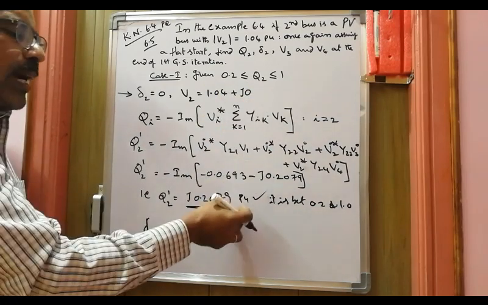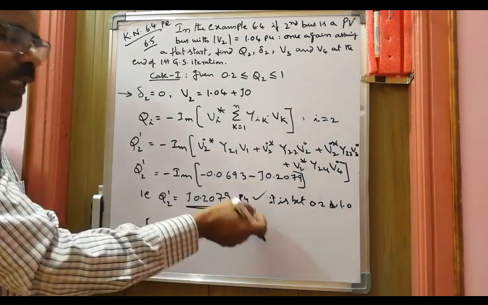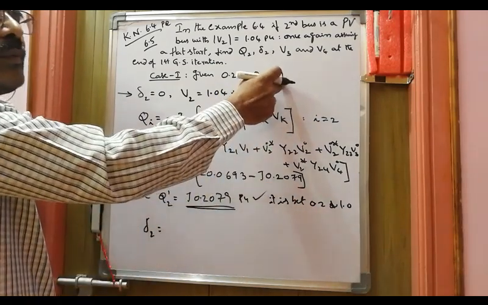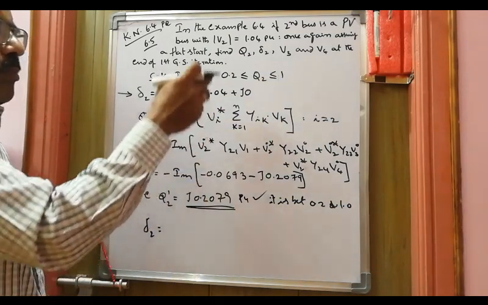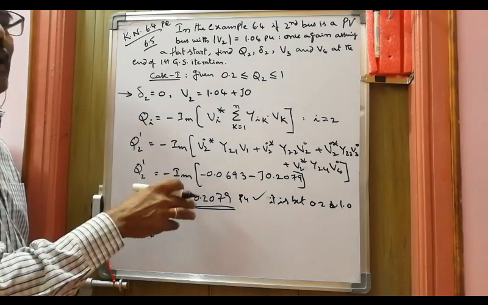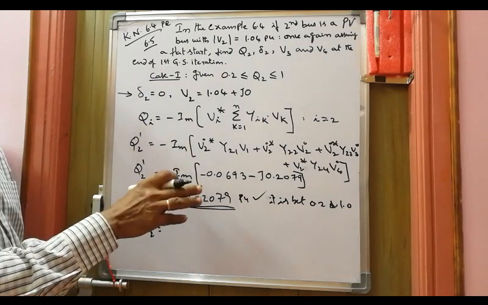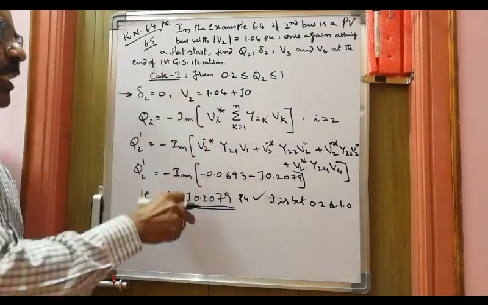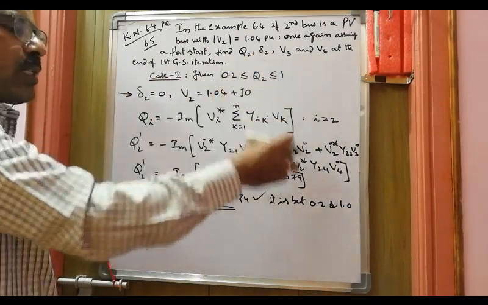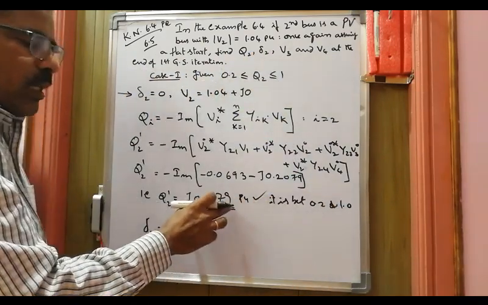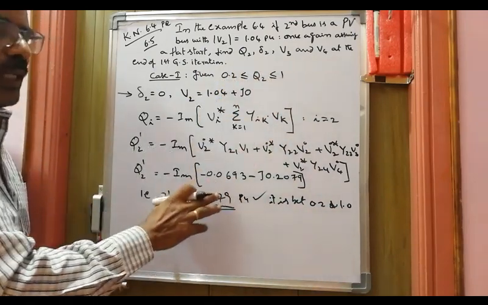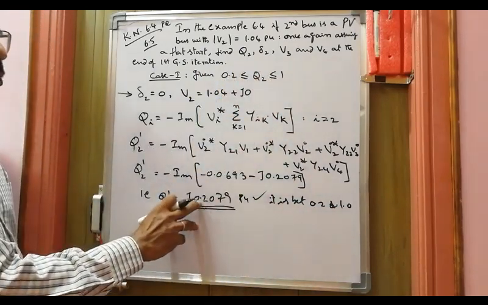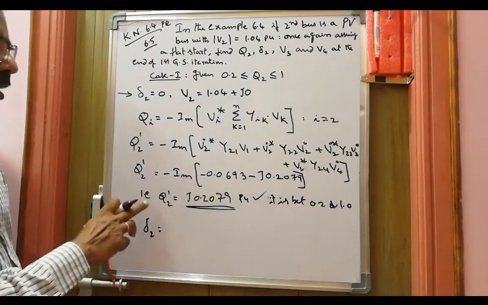Likewise, if the value exceeds 1, it is limited to 1, and then the same bus, the second bus, is treated from then onwards as a PQ bus. But in the present case, case 1, with the limits, what you are getting is exactly between these two limits. Hence, you can conclude the value as 0.2079 for bus 2.